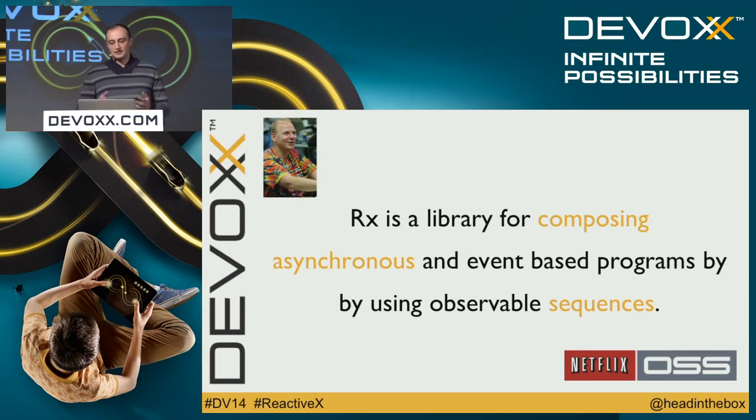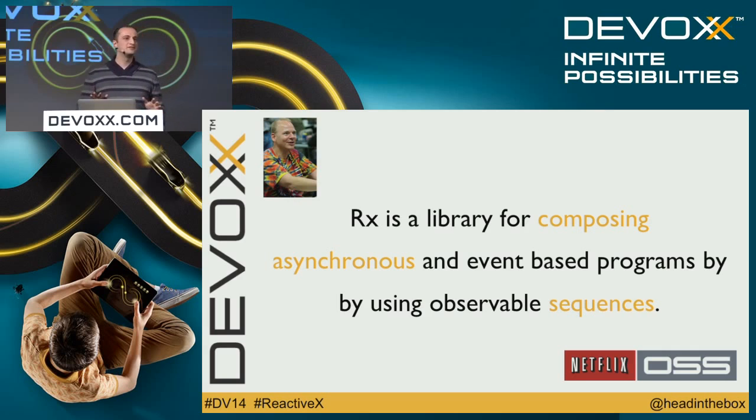Now, Netflix was very JVM based. So instead of porting everything to .NET code, they just rewrote the Rx library for the JVM. So they wrote RxJava, and on top of that implemented RxScala. In this talk, I will be using exclusively RxScala.